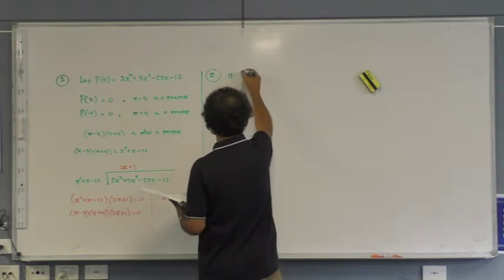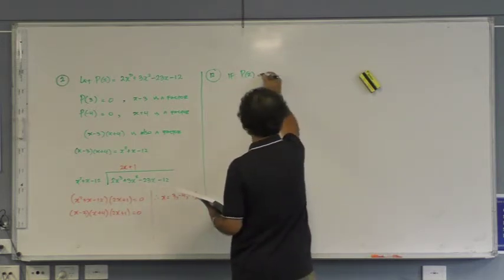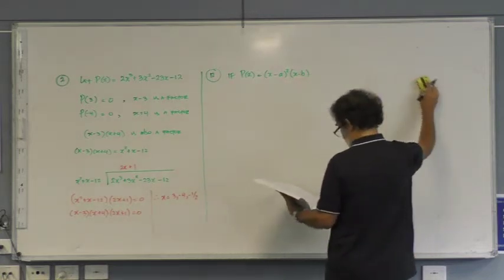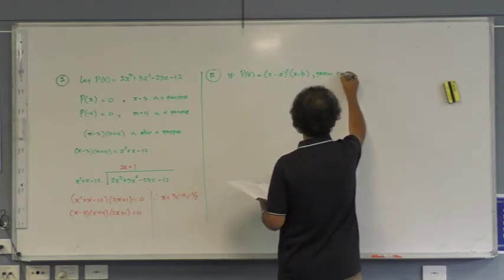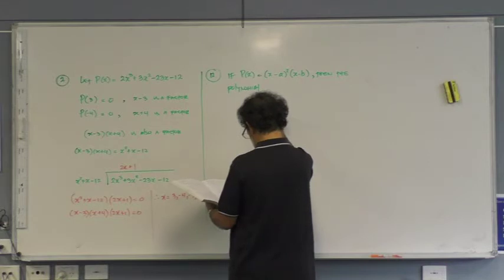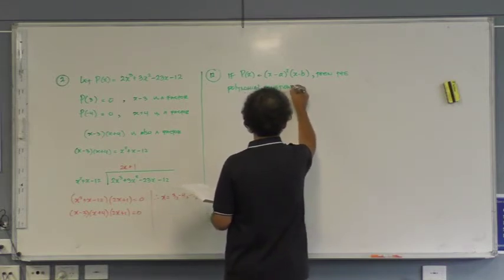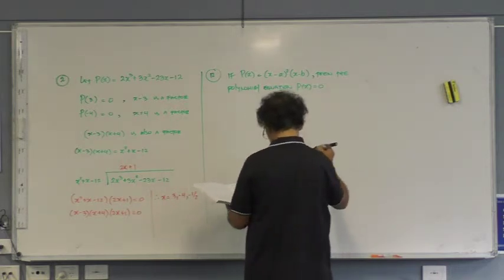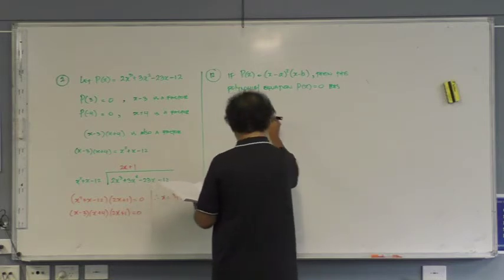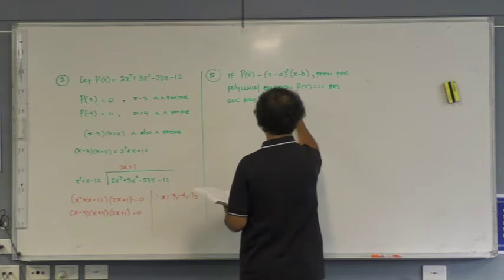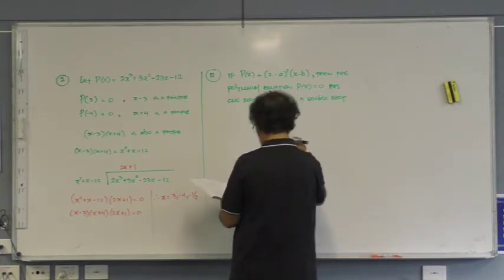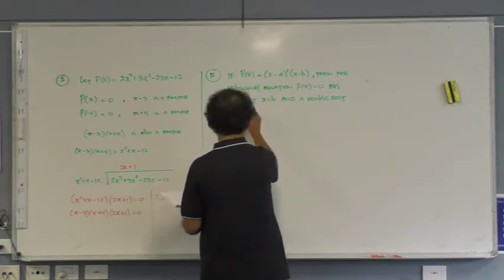Okay, question 12 says, if P of x is equal to x minus a squared, multiplied by x minus b, then the polynomial equation P of x equals 0 has one root at x equal b and a double root at x equal a.